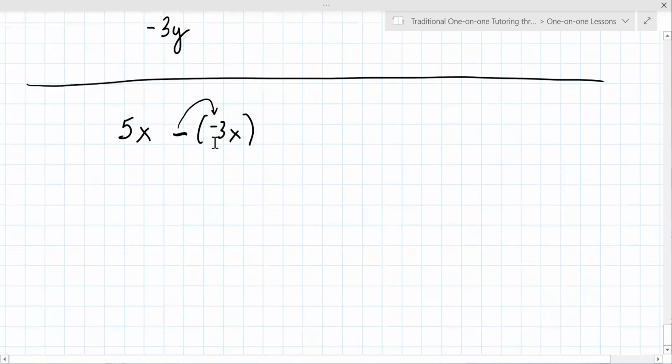So let's look at this one because this is where we're going. 5x minus a minus 3x. This subtraction goes with the negative here. So these two negatives become a positive. Have you seen that before?